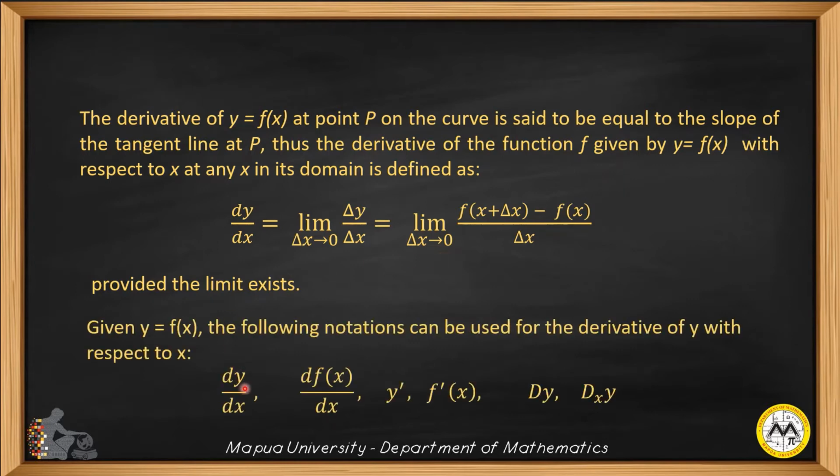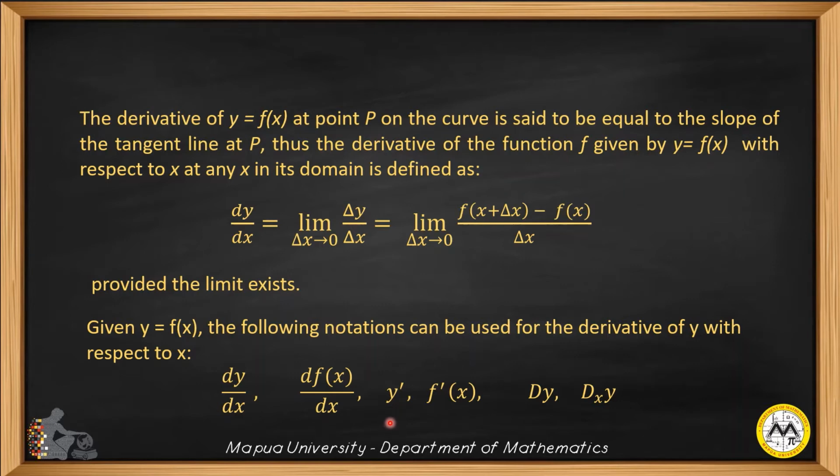Now, the following symbols will define the derivative of y with respect to x as well. Aside from the notation dy dx, you can have d f of x dx, or the derivative of f of x with respect to x, or you can use the prime notation.